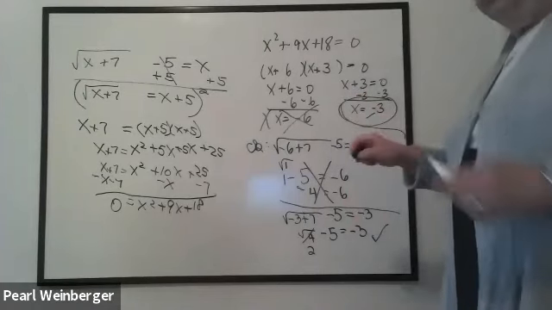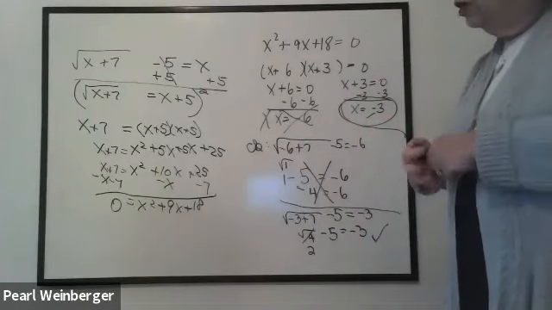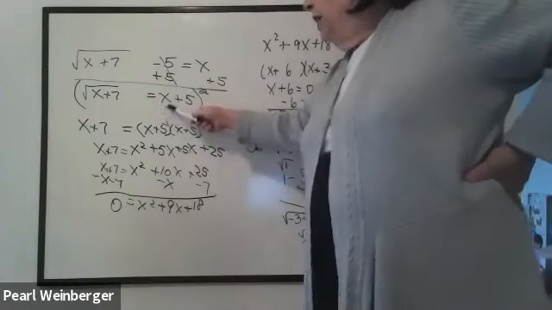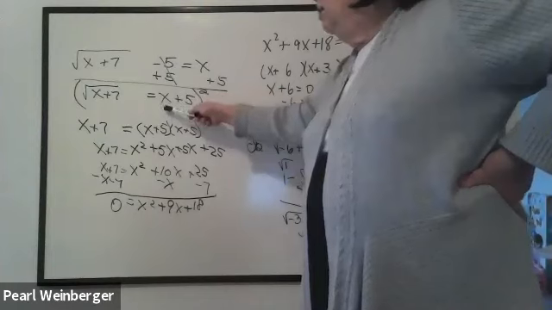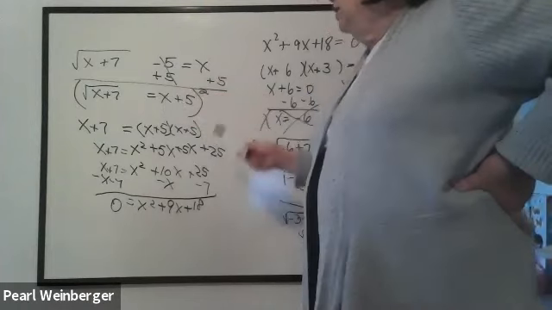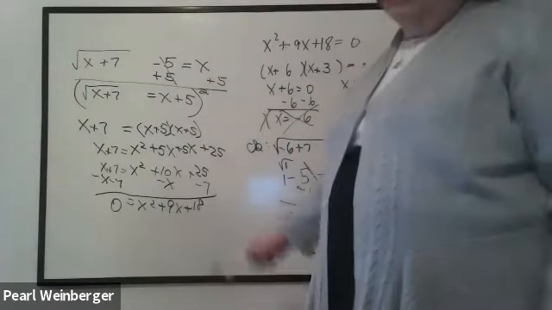We could only use the negative 3 answer. That's the only correct answer. Again, don't forget that this became so much more complicated because we had a binomial that we had to square, so that we ended up with a quadratic equation.